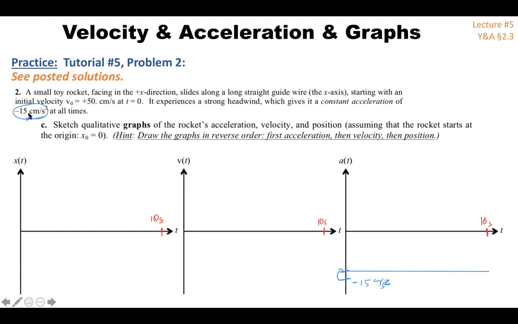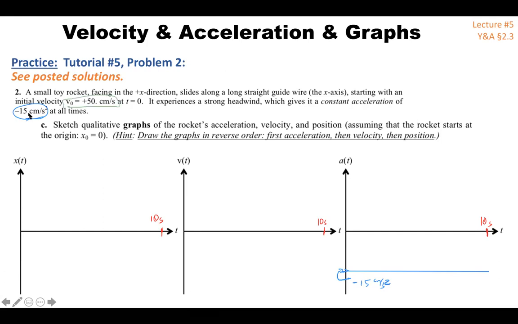Now, let's construct the velocity graph. First of all, we can plot points for the values that we already know. I'll change to green here. We're told in the description of the problem that the initial velocity is positive 50. Good.